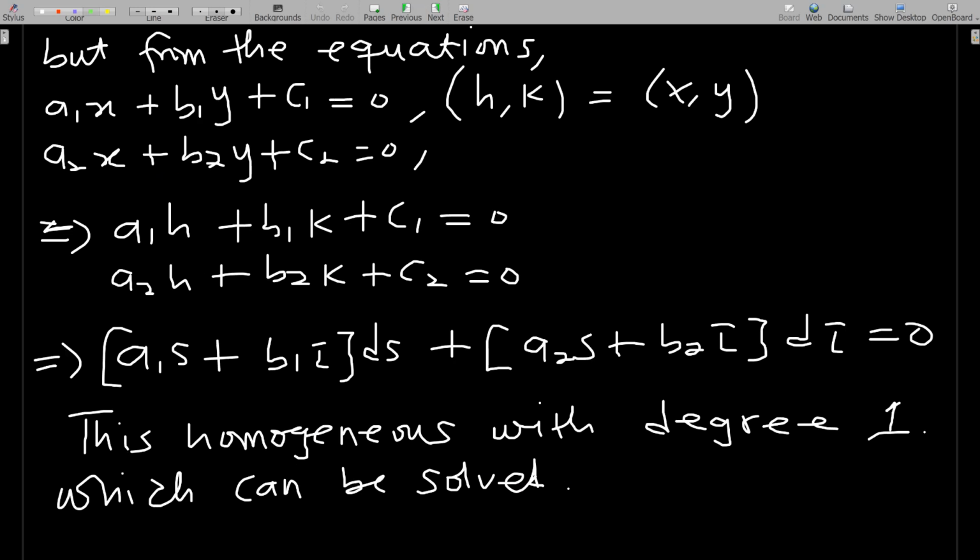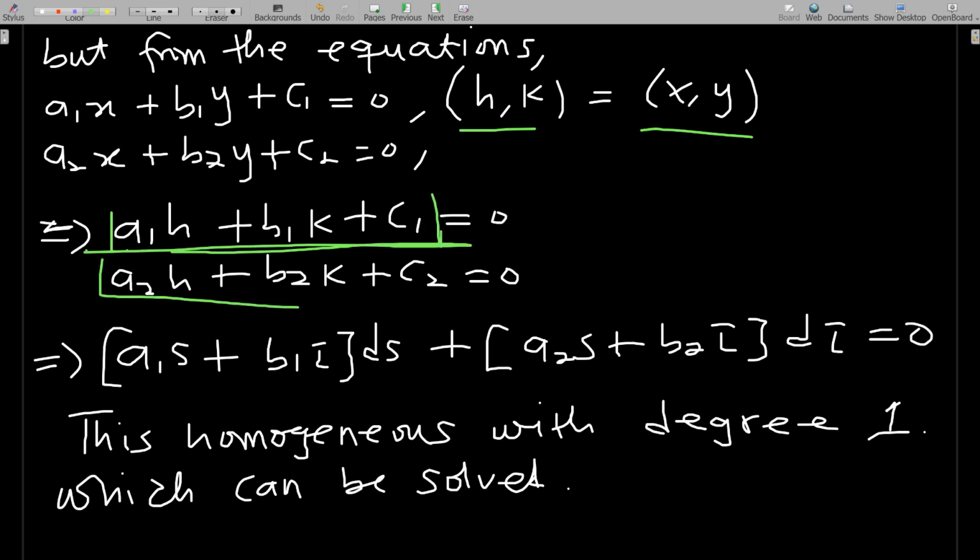From the equations, I even said it here, we said that these are the solution for this. So this implies that a1h plus b1k plus c1 is equal to 0, and also a2h plus b2k plus c2 equals 0. This simplifies everything to the homogeneous differential equation like this.